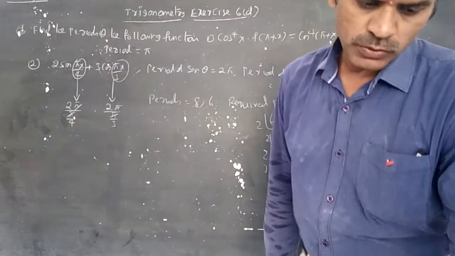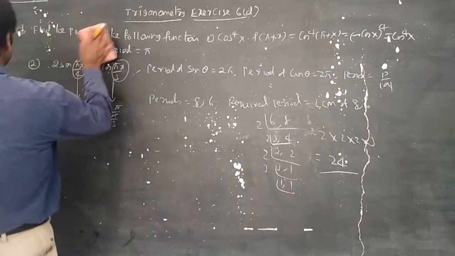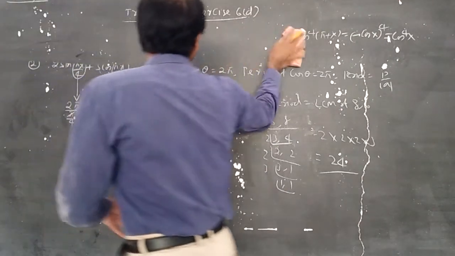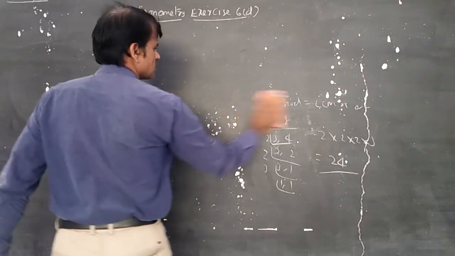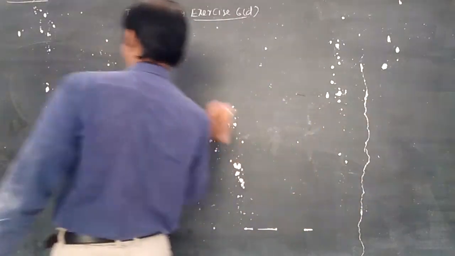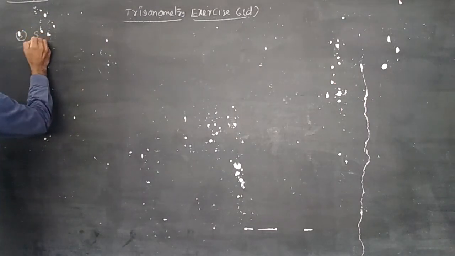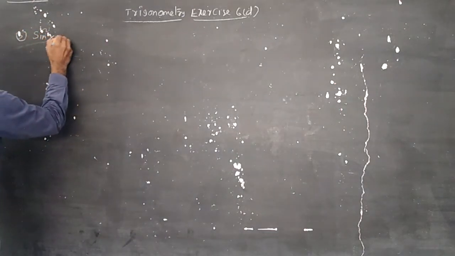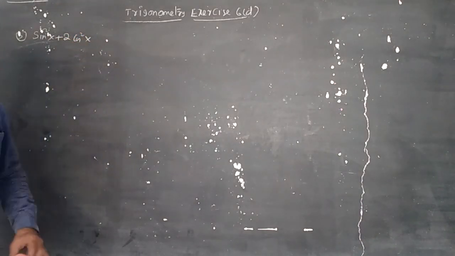Now the third question: sin square x plus 2 cos square x. Find the period of sin square x plus 2 cos square x.